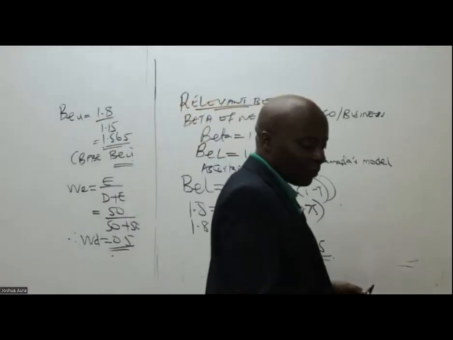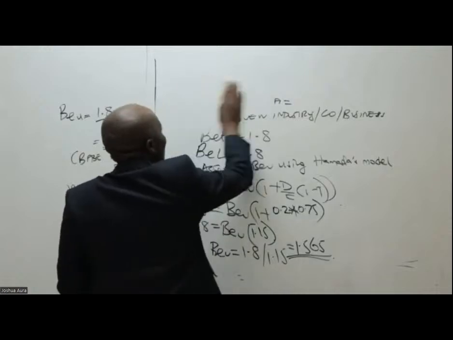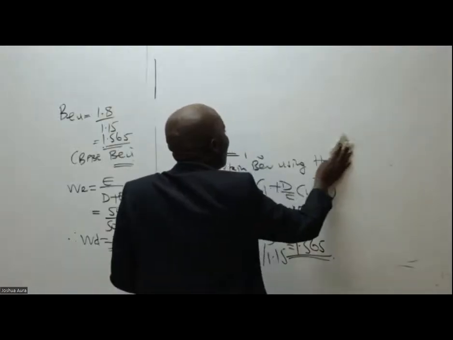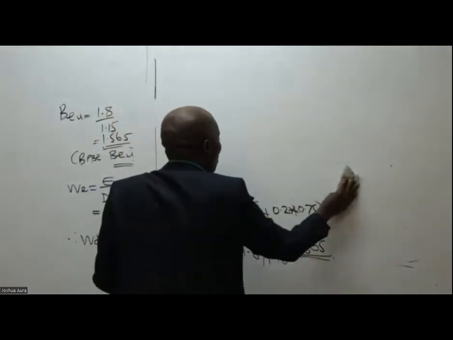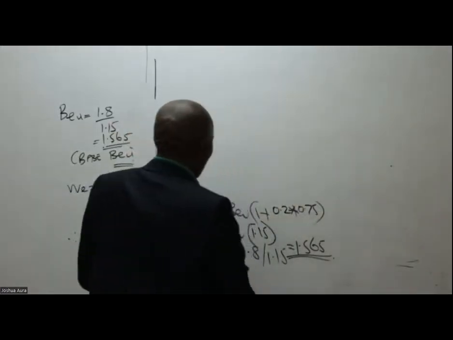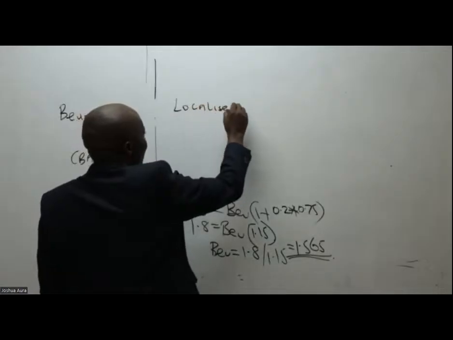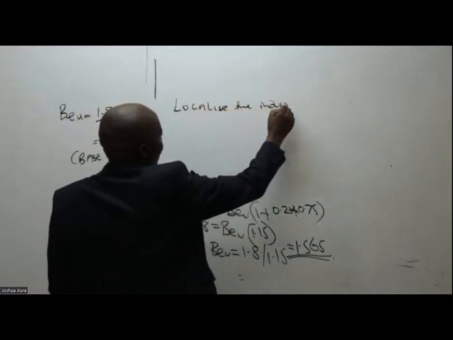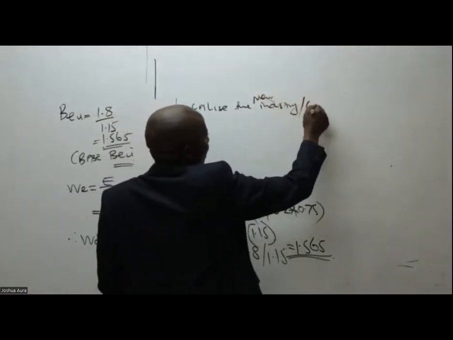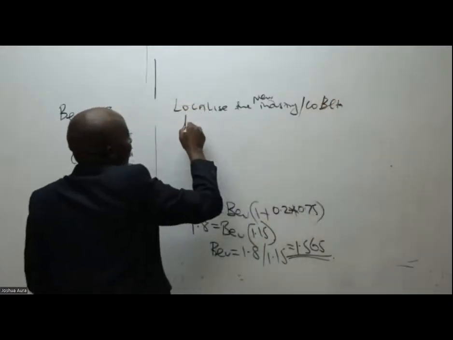Now, ladies and gentlemen, the next thing, using this base, you can call it base beta. Using this, I should be able to localize. So you localize the industry, the new industry, new company or new business beta to the firm.